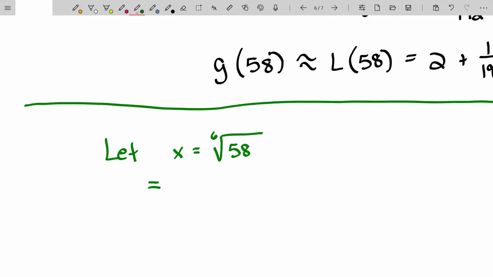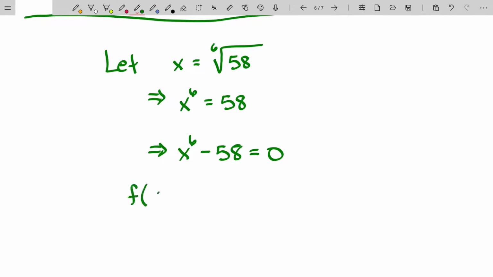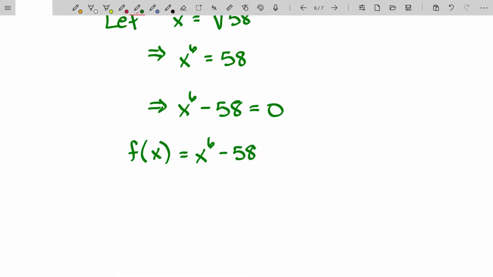But once you let x equal that, that implies x to the 6th power is actually 58, which implies x to the 6th minus 58 is equal to 0. And if you let f of x equal x to the 6th minus 58, you're just asking, when does that cross the x-axis?